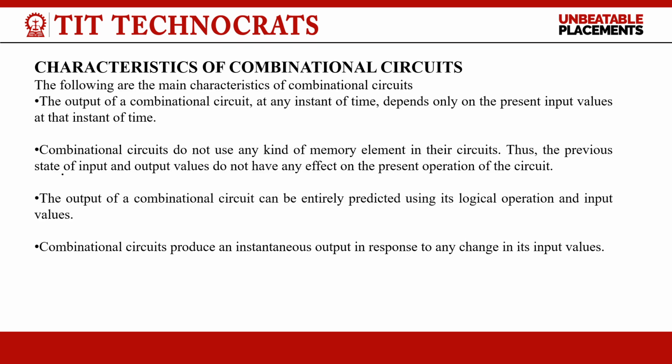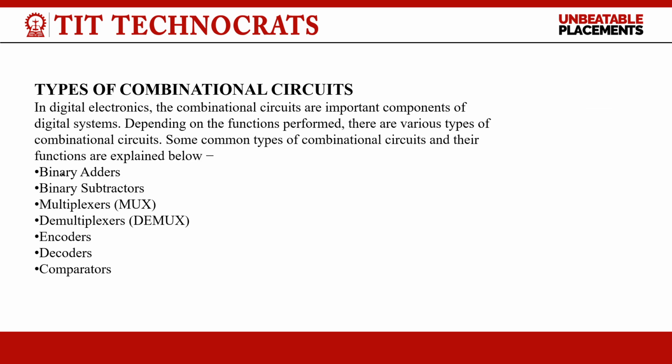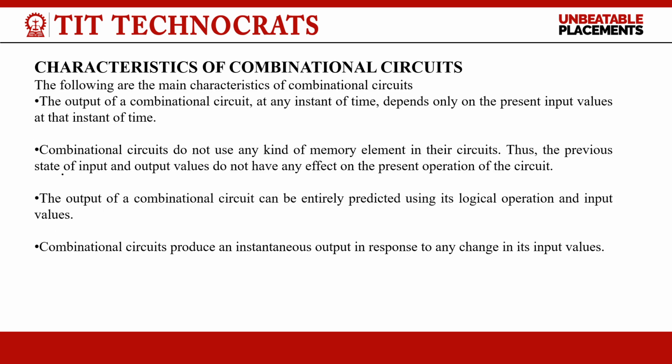The main characteristics of the combinational circuits are: the output of a combinational circuit at any instant of time depends only on the present input values at that instant of time. Combinational circuits do not use any kind of memory elements in their circuits.